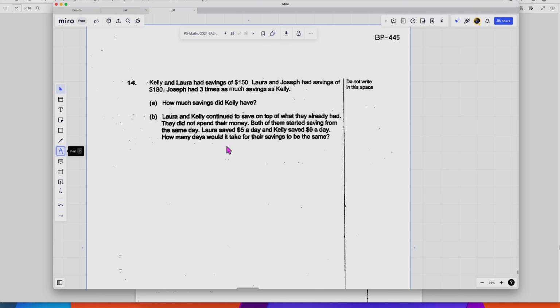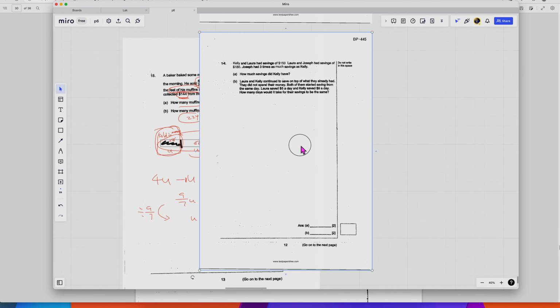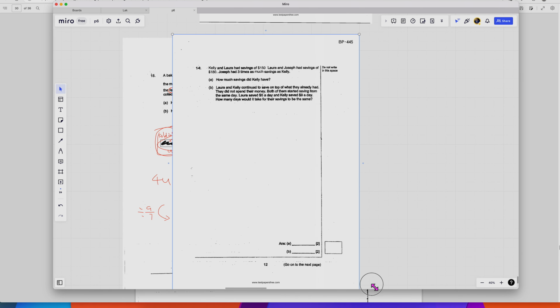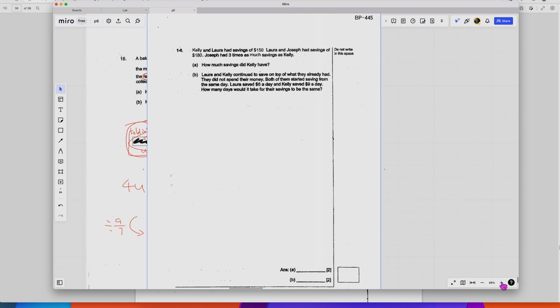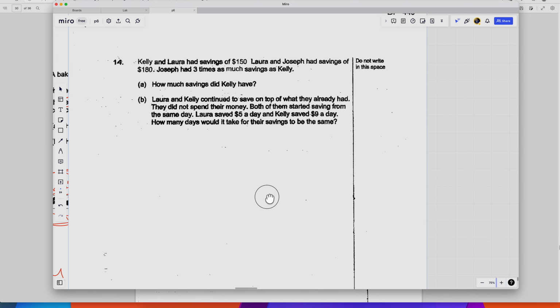You say Kelly and Laura have savings, and then Laura has savings of this, and then Joseph has 3 times as much. Your diagram is correct, but maybe while you are doing it, you make a mistake here and there, so that's the reason why you get it wrong. Your diagram looks okay to me.